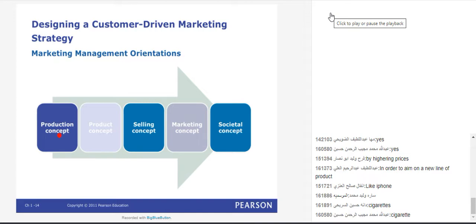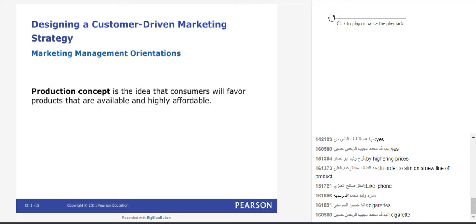At first, marketing was not known as marketing. There was nothing called marketing. It was only production. So businesses wanted to produce as much as they can in order to have profit.